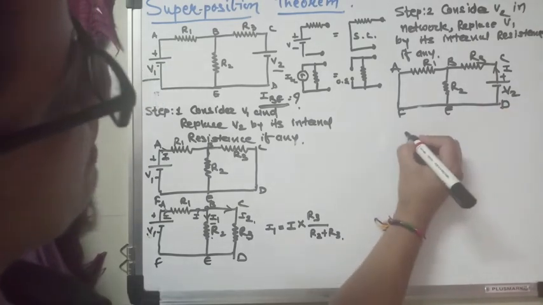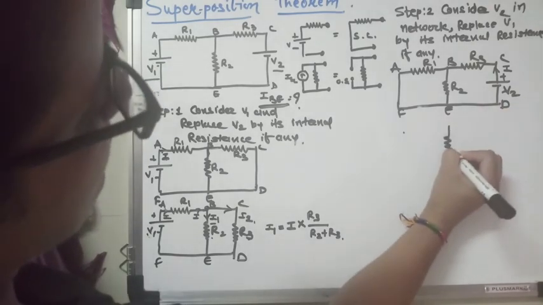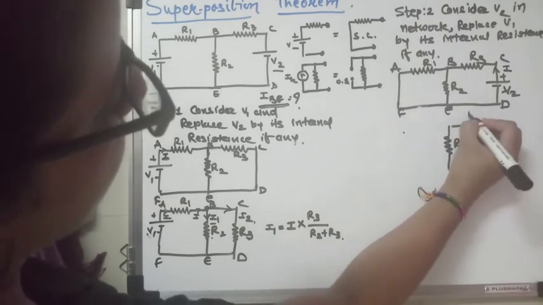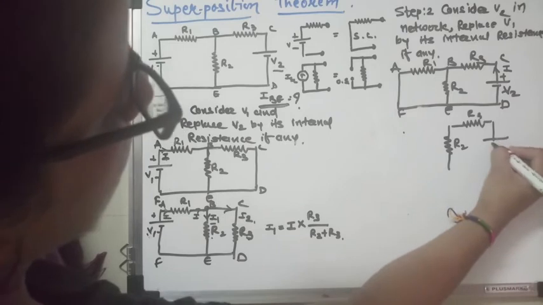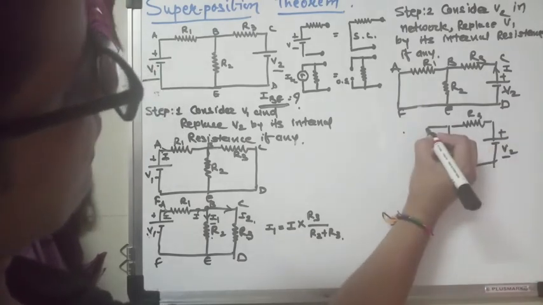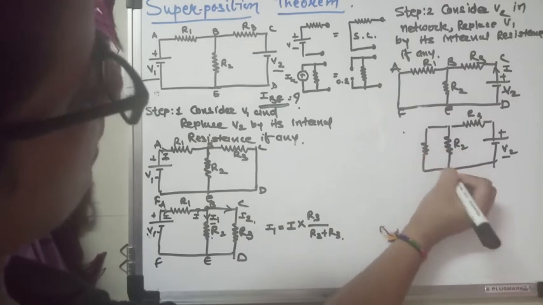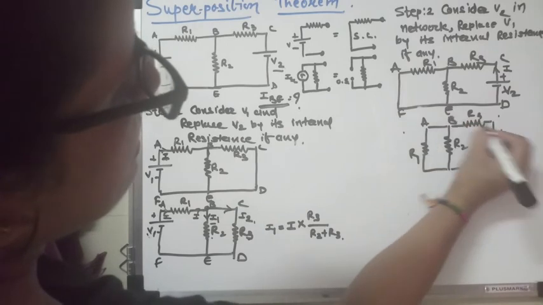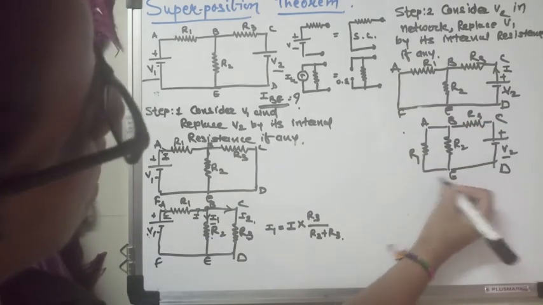So now my circuit is like this: here R2, here R3, here V2 with plus and minus, and here R1, labeled A, B, C, D, E, F.